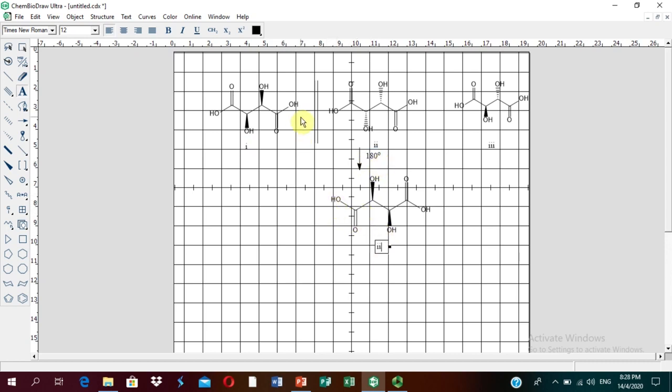So here, I think we can bring it down. Okay, this is the object, and then this is the image. Just compare.